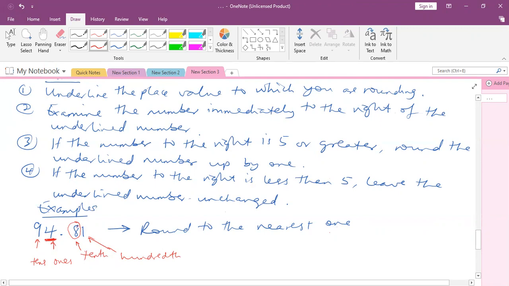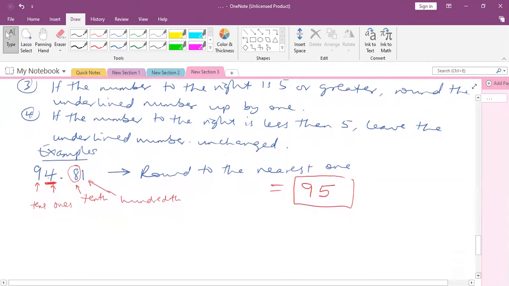This 8 is greater than 5, so I round the underlined number up by 1. If I round this to the nearest 1, I will have 95 as my answer. So this is an approach I can use to round numbers.